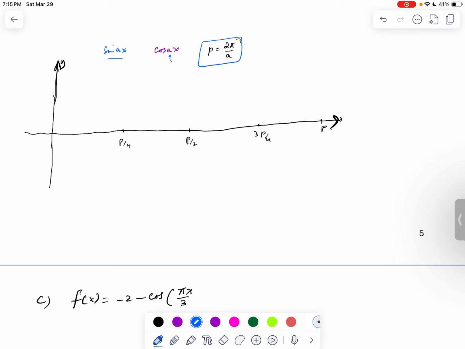Okay, so the way you will sketch the graph is that you have to think about two things: what is the period, and then what are the maximum and the minimum heights, the largest value and the smallest value.